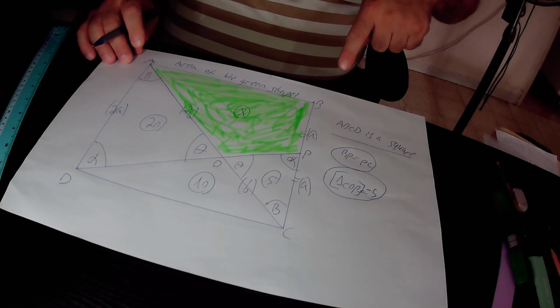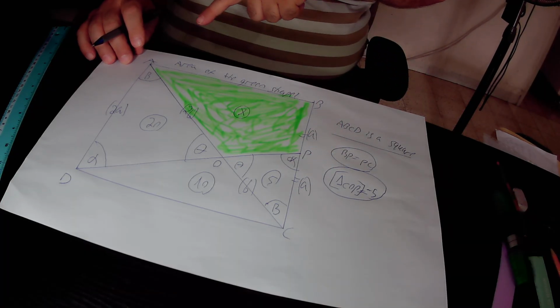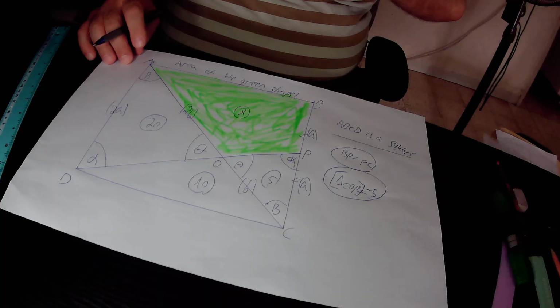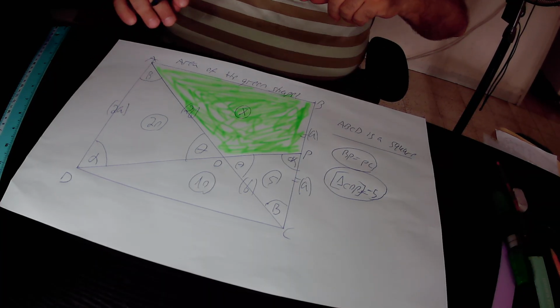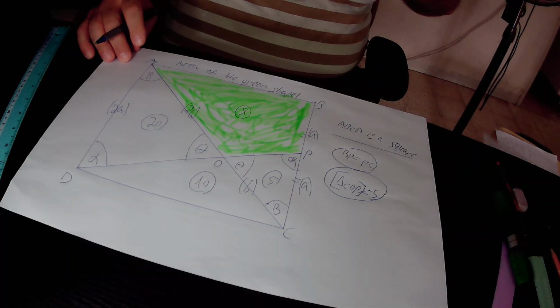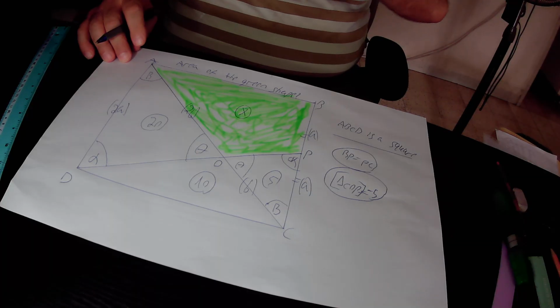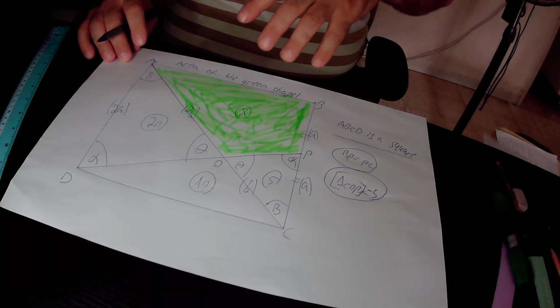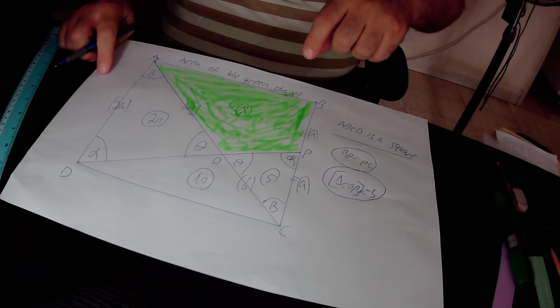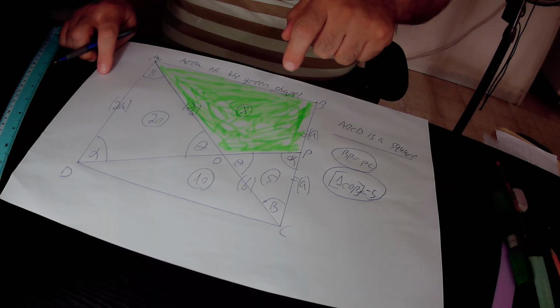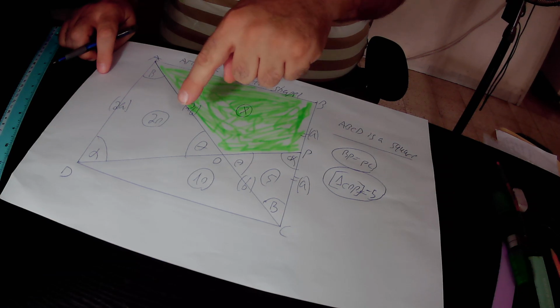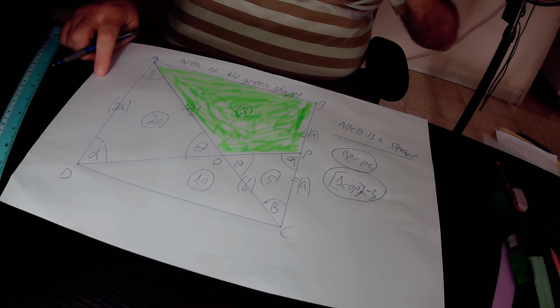Likewise, side BC of triangle ABC is equal to side AD of triangle ADC, because ABCD is a square. And finally, side AC is the common side that belongs to both triangles, so AC equals itself.